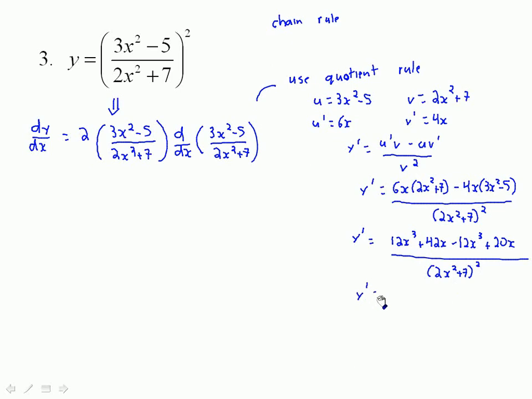So y prime is equal to, the 12x cubeds go away, and 42x plus 20x is 62x over 2x squared plus 7 to the 2. Now that we've got that, we can replace it into the expression.